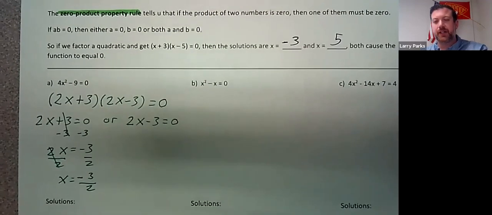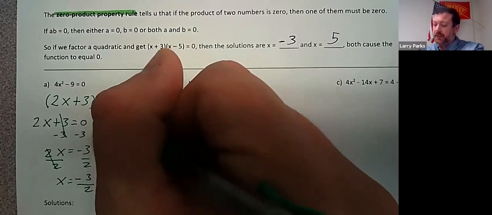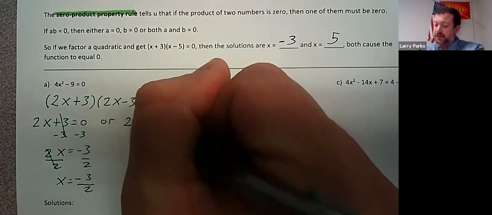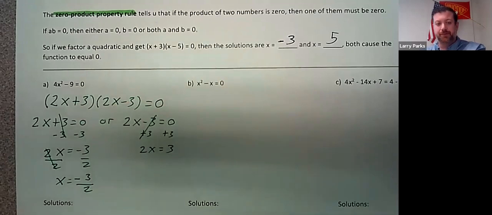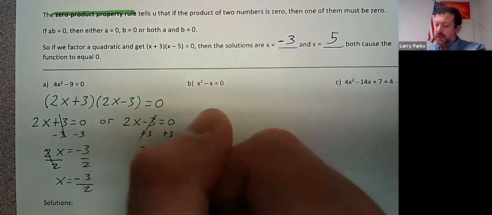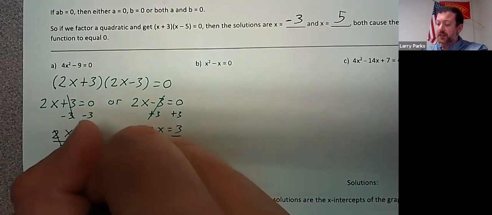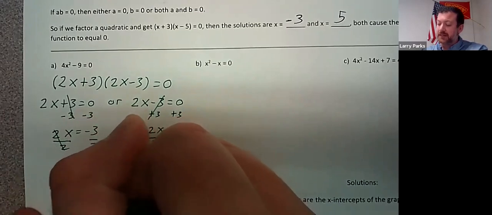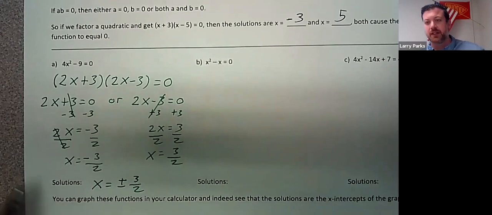So I get negative 3/2, which is negative 1.5. And then the other one, if I solve for x, I would add 3 to both sides. Divide by 2. And I get 3/2. So I can say my solutions are x equals positive and negative 3/2, or positive and negative 1.5.